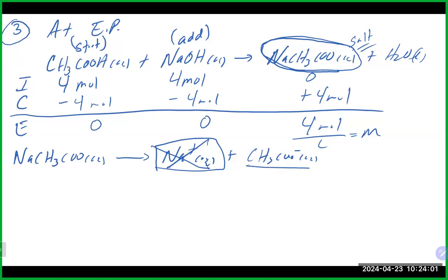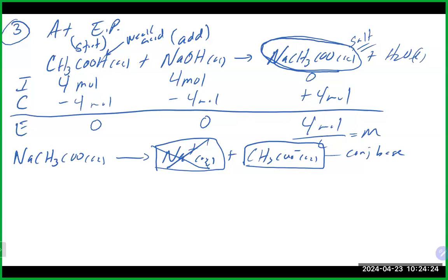How about acetate? It comes from this guy right here, which is a weak acid, which means this would be the conjugate base, and will it go through hydrolysis? It will, right? So anything that comes from a weak acid or a weak base will go through hydrolysis, which means that is what's going to happen in this case.